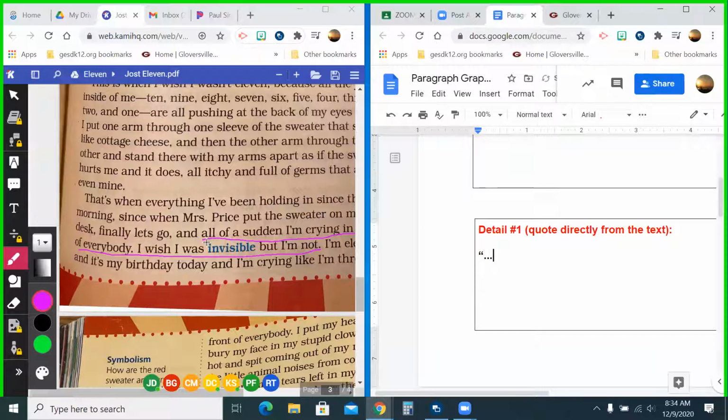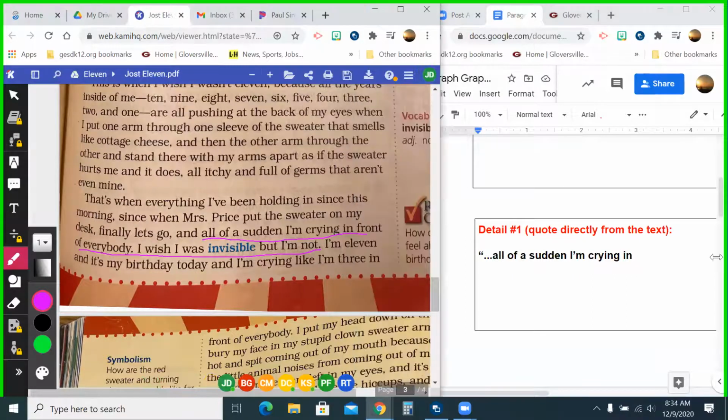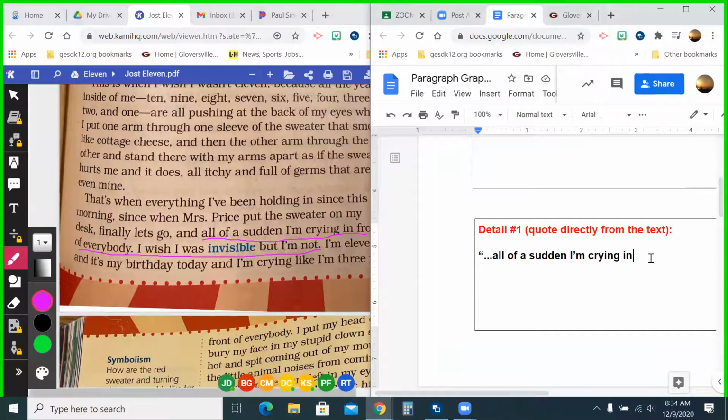That is called an ellipsis. It indicates that something has come before that you are not using. And then we're just going to copy the text. All of a sudden, I'm crying in, I don't know what it says because I can't see it. So let me see if I can move this over. There we go. Crying in, oh, that didn't stay. Front of everybody.